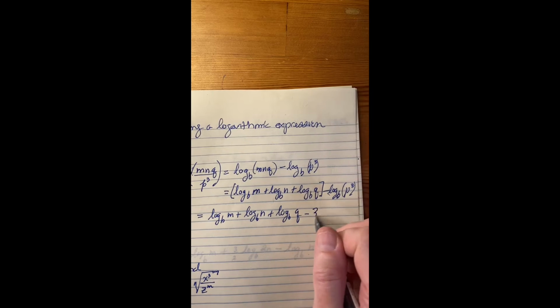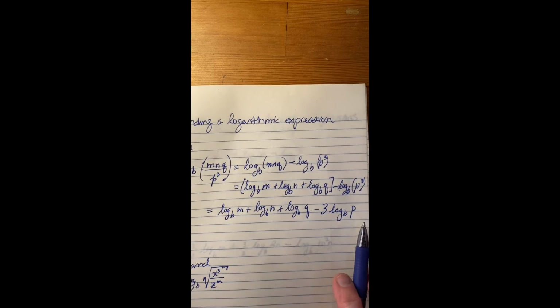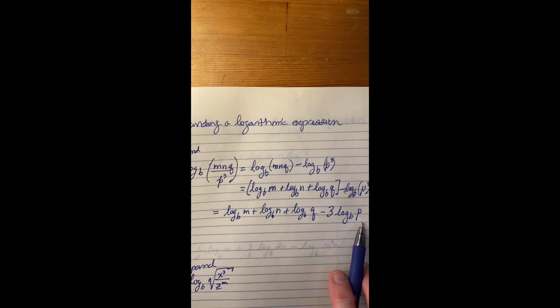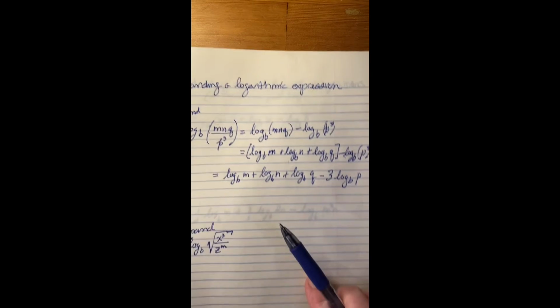So minus 3 times the log base b of p. Now it's expanded as much as it possibly can be. There's nothing else to do. Now don't recompile it. That's not what you're asked to do. You're asked to expand it, not contract it. That's the next set of exercises.